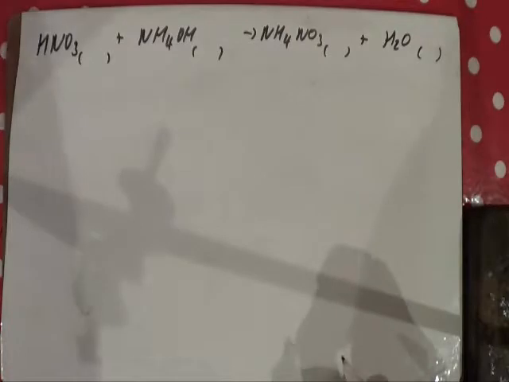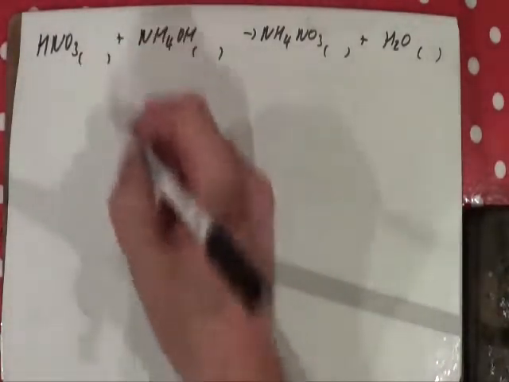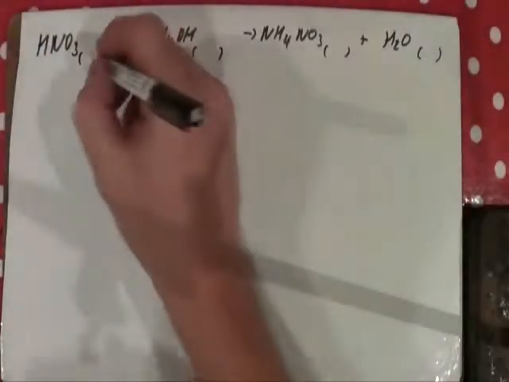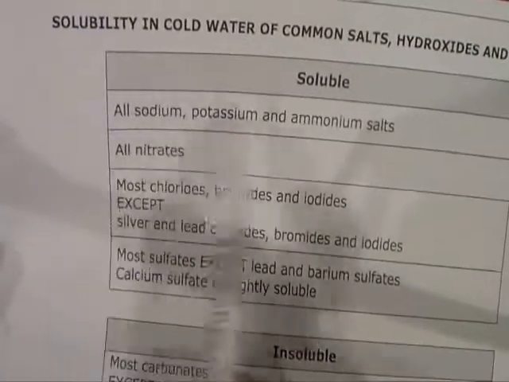Alright, so let's do nitric acid first, or hydrogen nitrate if you want. So all nitrates are soluble. Anyway, it's an acid, so it's soluble. Ammonium hydroxide, all ammonium salts are soluble, so ammonium hydroxide must be soluble and ammonium nitrate must be soluble. Water, remember, is liquid. That's it, done.